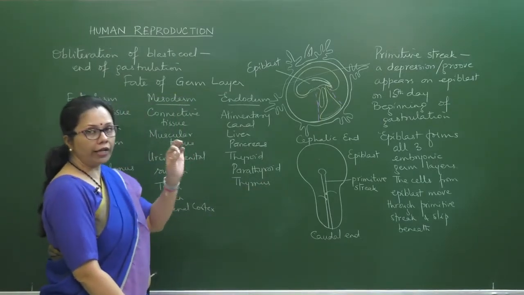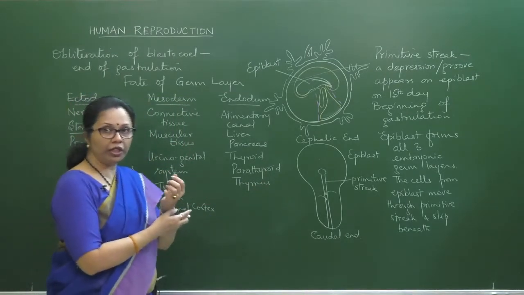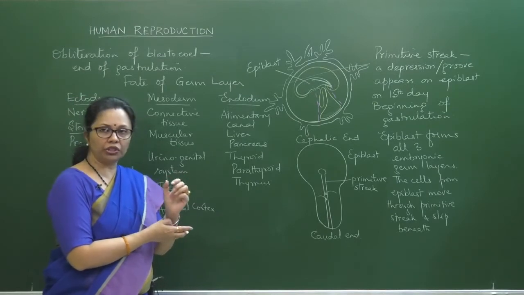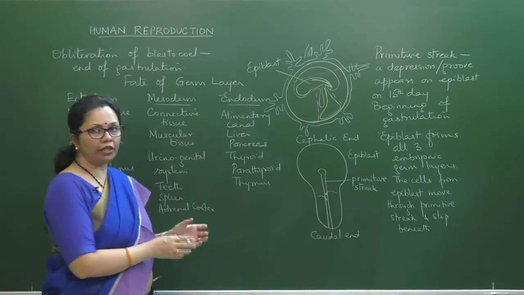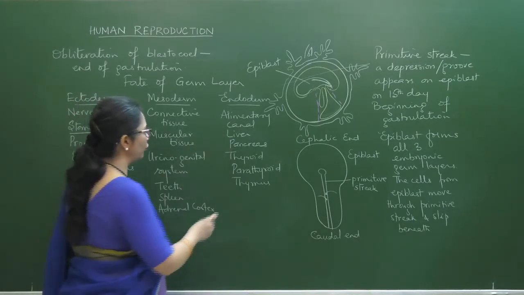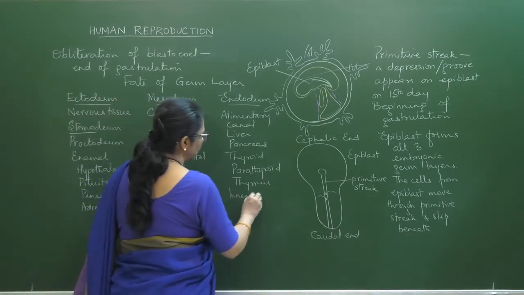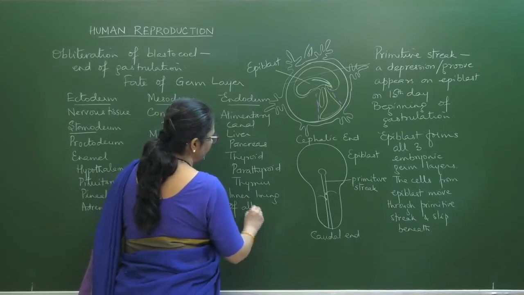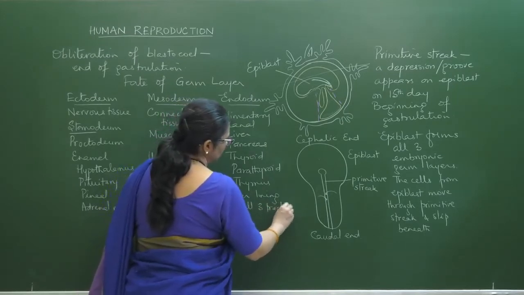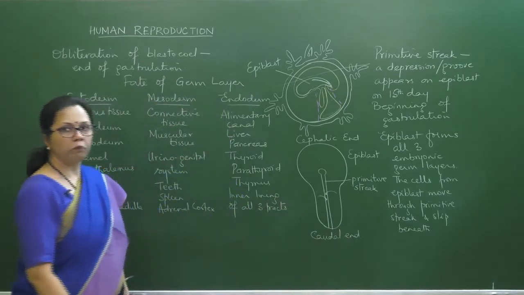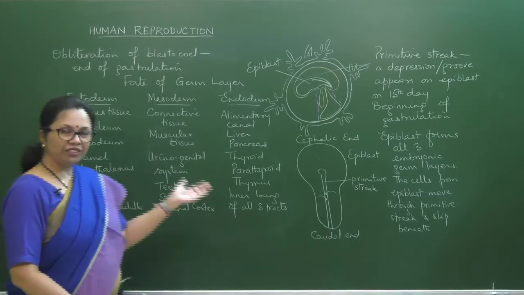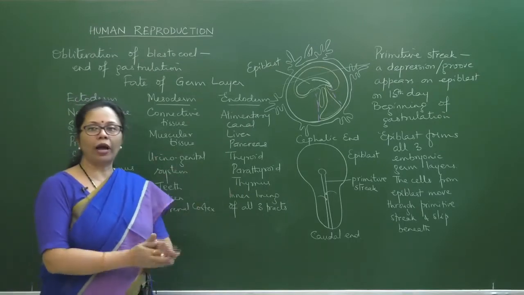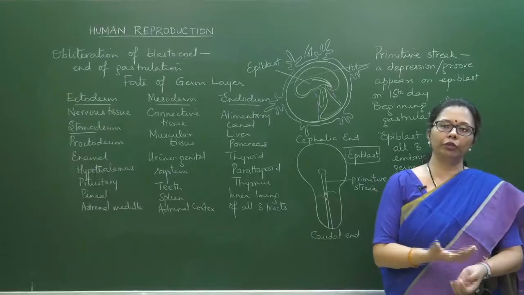And the inner lining of all three tracts, whether it is the respiratory tract, gastrointestinal tract, or urinogenital tract, the inner lining comes from endoderm. Okay, so just go through it. And a layer in between, that is mesoderm.